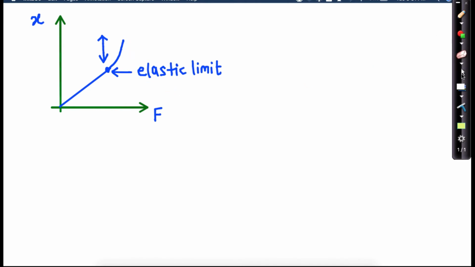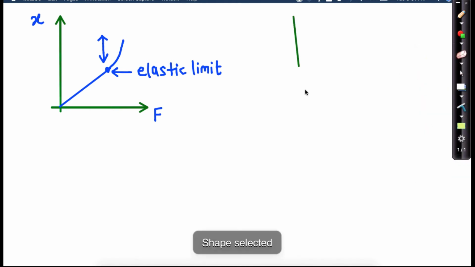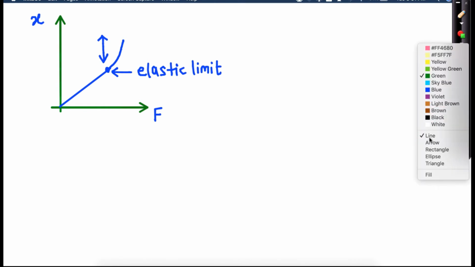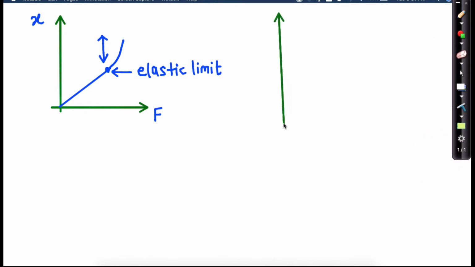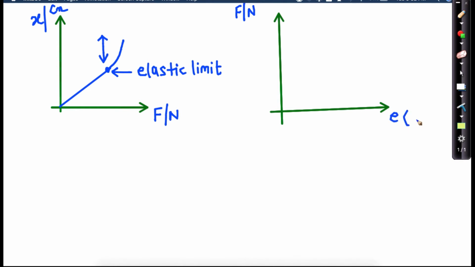If it's like this, which I already discussed with you in the last graph. If it's like this, and this force is in newtons, this x is in centimeters. Now this time this F is on the y-axis and the extension is in centimeters on the x-axis.